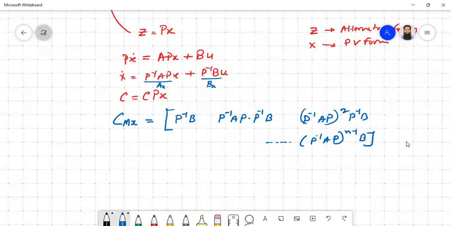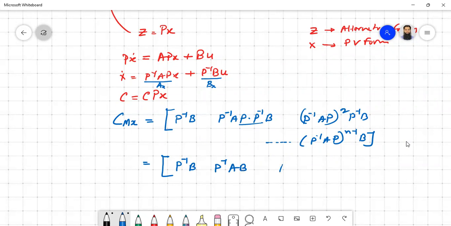Now if we try to make it simple, what you can see is P inverse B. Here, as you can see, these two vanish. What you have is P inverse AB.